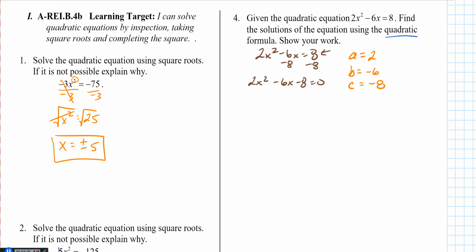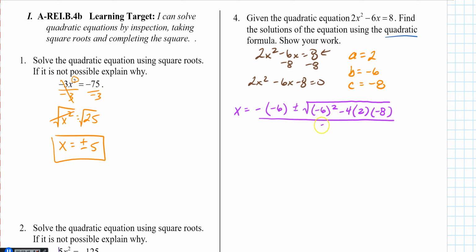Now we know that the quadratic formula is x equals negative b, which is negative 6, plus or minus the square root of b squared minus 4 times a times c, all divided by 2a.